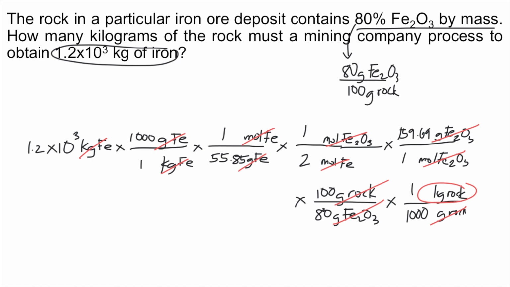You multiply that by 1/2. You multiply that by 159.69 divided by 1. You multiply that by 100 over 80. And then you multiply that by 1 over 1,000.